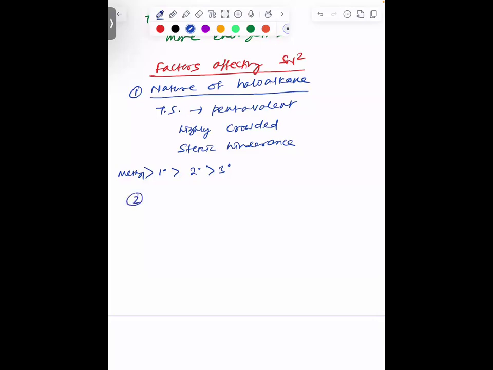Second, note down the points, nature of leaving group.